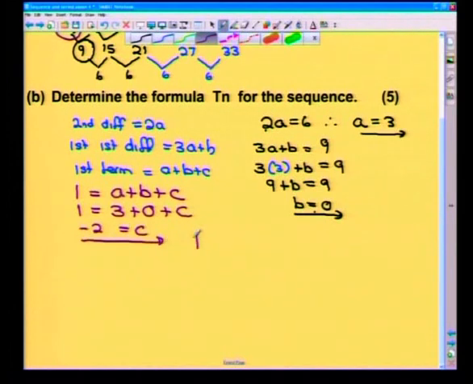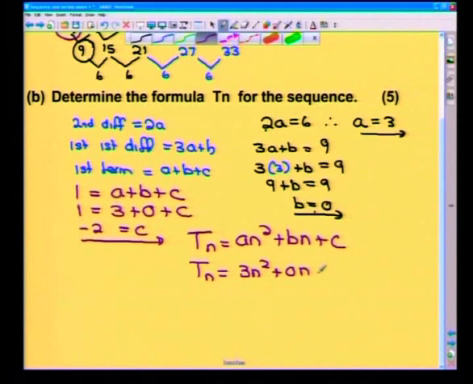So right, what do we know? We know the formula is Tn is an squared plus bn plus c. So the formula would be Tn equals, the a would be 3n squared. This would be 0, well, let's write it in so you can see it, and the c is minus 2. So that becomes 3n squared minus 2.